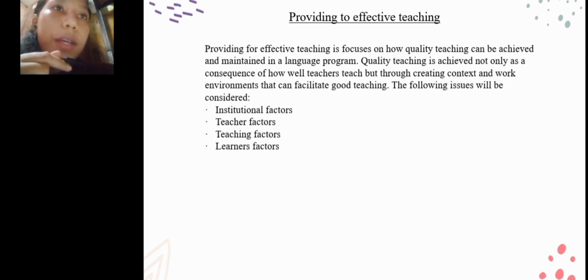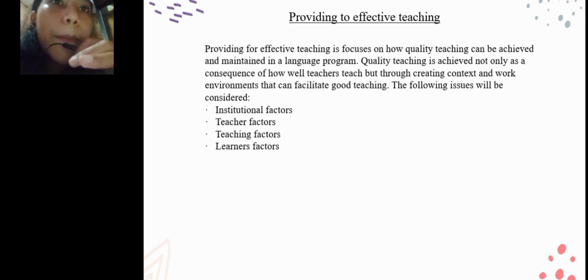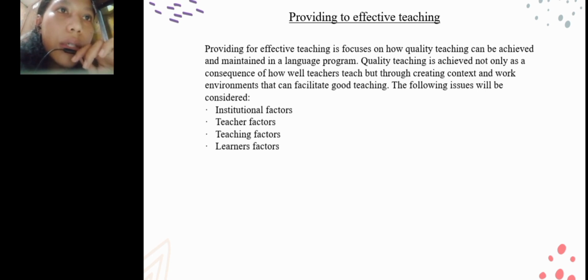Next, providing for effective teaching. Providing for effective teaching is focused on how quality teaching can be achieved and maintained, and in a language program, quality teaching is achieved not only as a consequence of how well teachers teach, but through creating contexts and work environments that can facilitate good teaching.